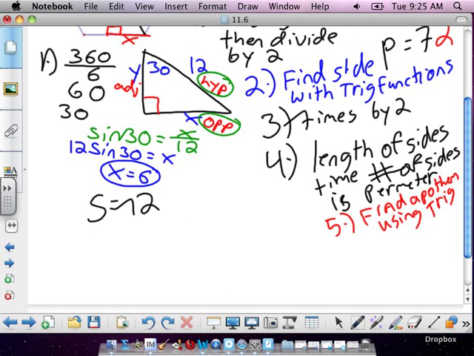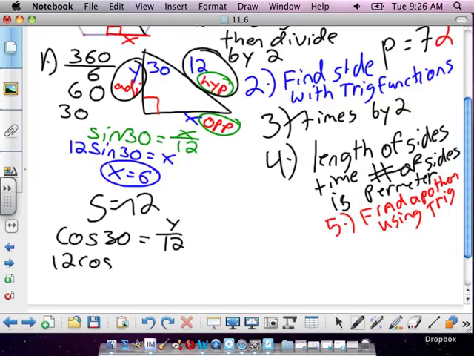We're using these two. What uses H and A? Cosine. Cosine of 30 equals adjacent over hypotenuse. Multiply both sides by 12. So we say 12 cosine 30 gives us 10.39.